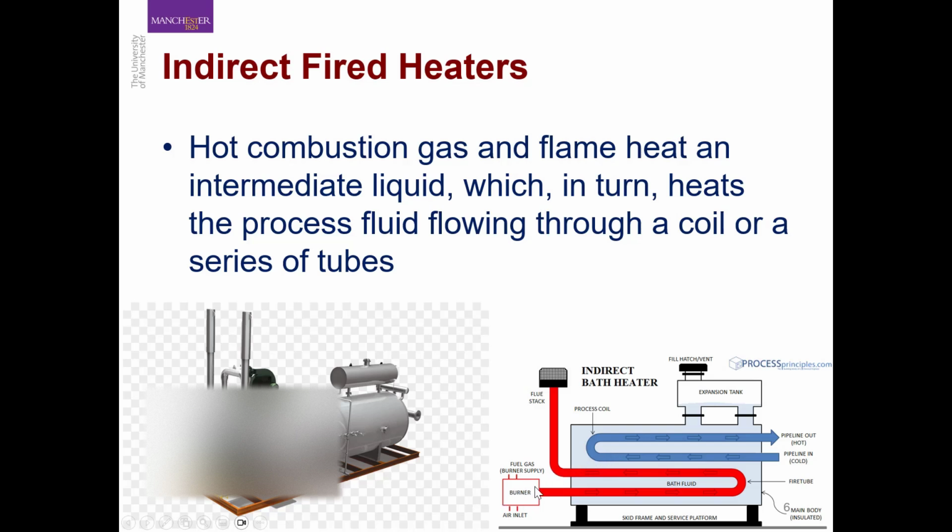So here you can see the burner, and it is called the firebox, and the flames are producing hot flue gas inside this red tube, and then you have this light blue fluid that is taking heat from this red tube and then supplying this heat to the dark blue process fluid. Okay, the heat is not transferring directly from the hot burner, but it goes through the intermediate heating liquid, and that supplies the heat to the process fluid. Okay, and this is how it looks in reality.